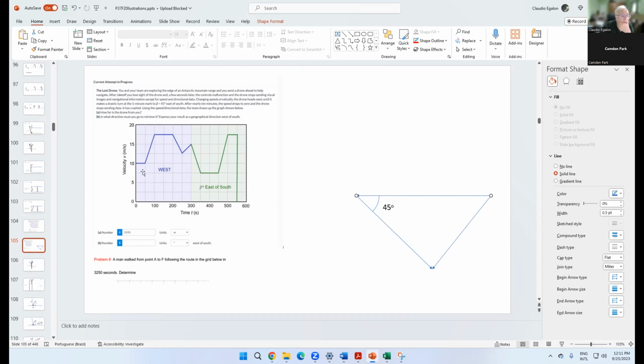That's not correct, right? No, you have to calculate this whole area here. This whole area is going to be the displacement in the west direction. Can you show me the formula? Yeah, we're doing that right now.